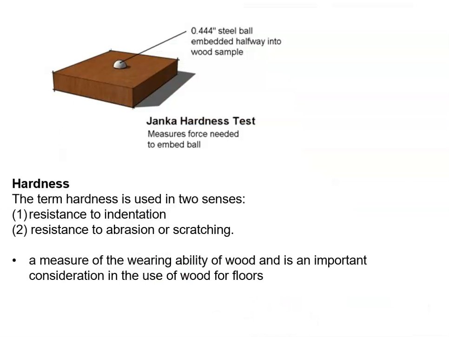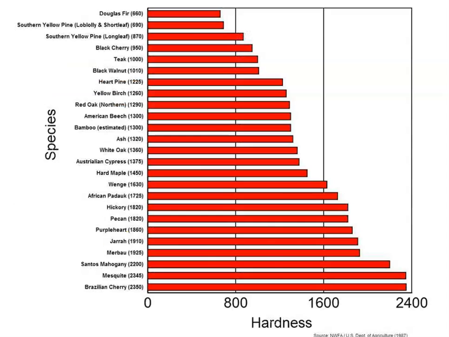This would come back to the Janka test, just telling us that Brazilian cherry and mesquite are both particularly strong, where our softwoods that we use for a lot of framing materials, such as Doug fir, have their strong suits, but hardness is not one of them. They dent very easily. And if you've ever worked with dimensional lumber that we find at Lowe's or Home Depot, you know it is to the touch a very soft wood relative to our hardwoods.